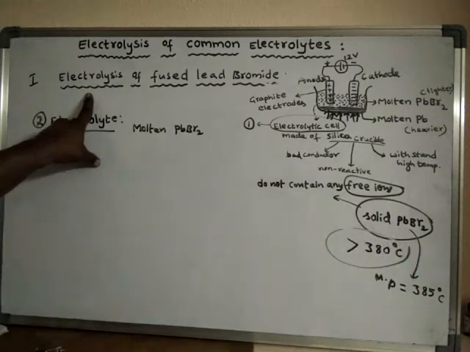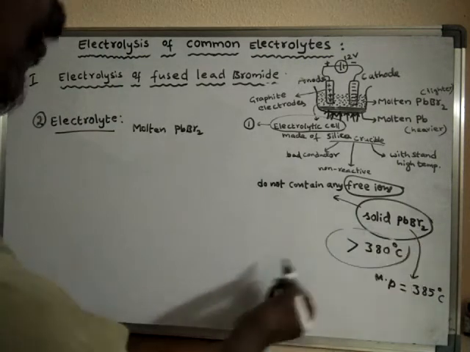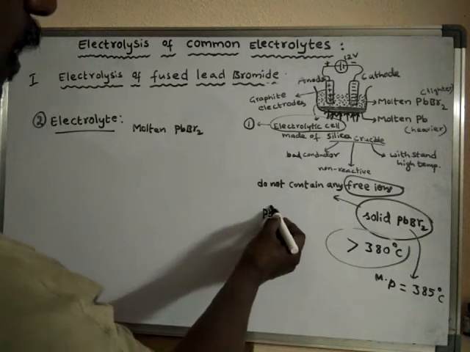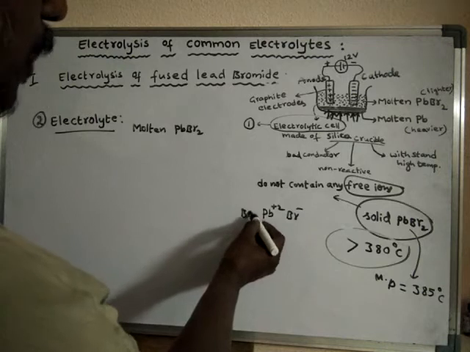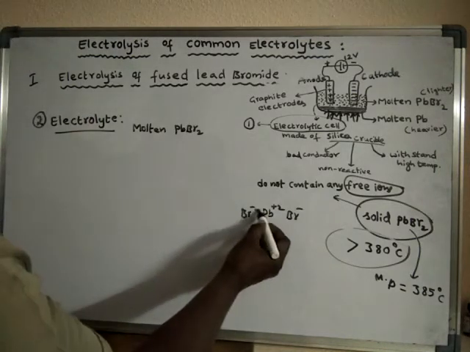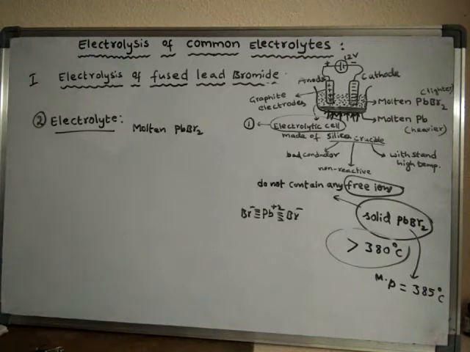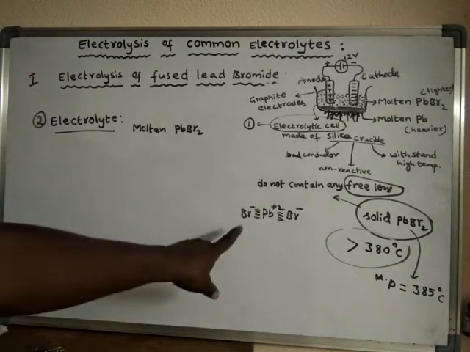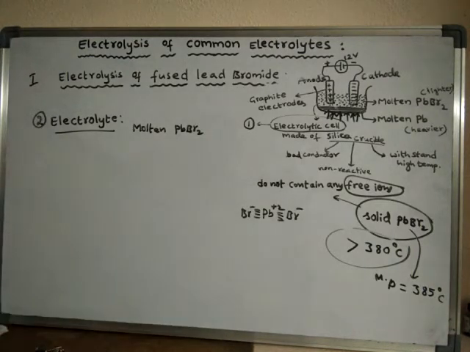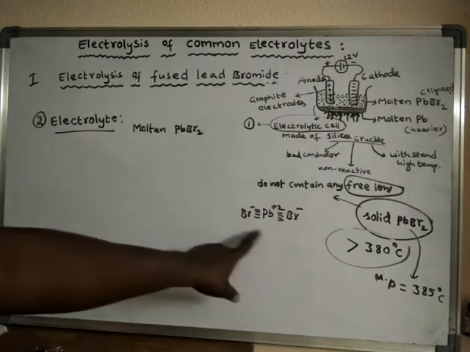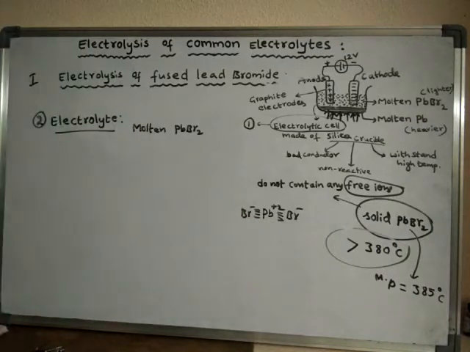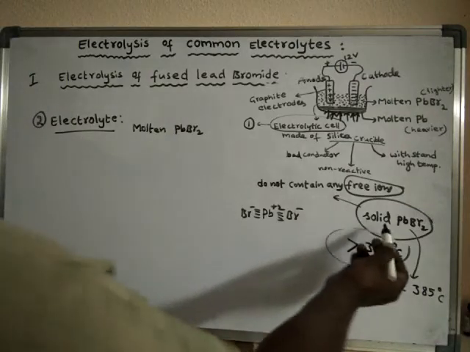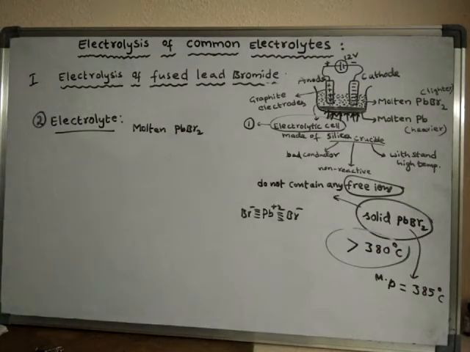Solid lead bromide cannot contain free ions because it contains lead and bromide ions, but these are tightly packed to each other, tightly bonded by a strong electrostatic force of attraction. That is why solid lead bromide does not contain any free ions.